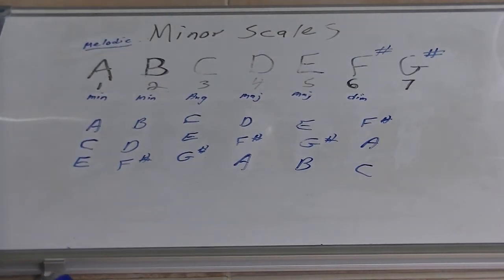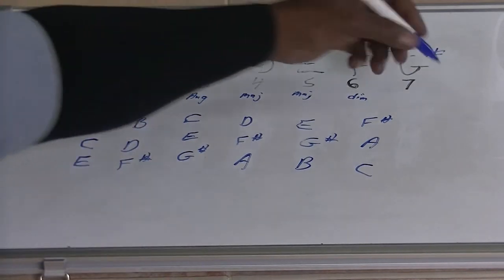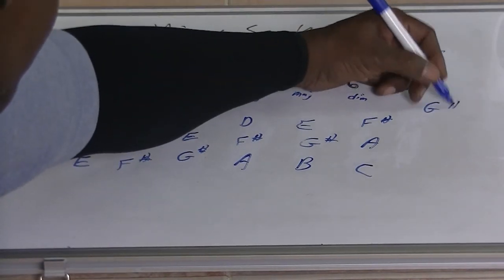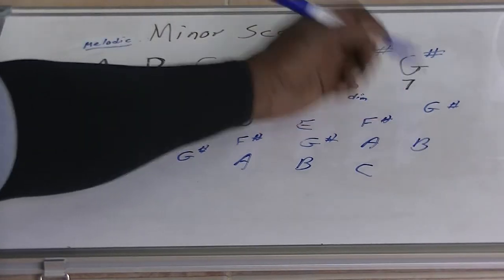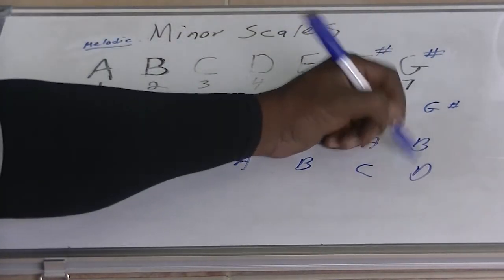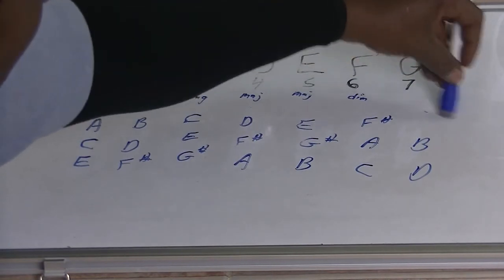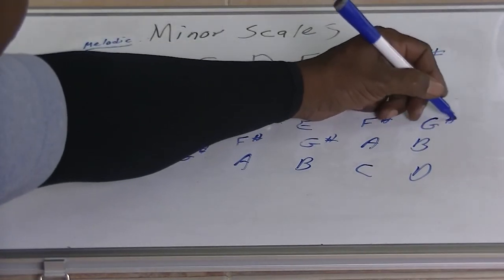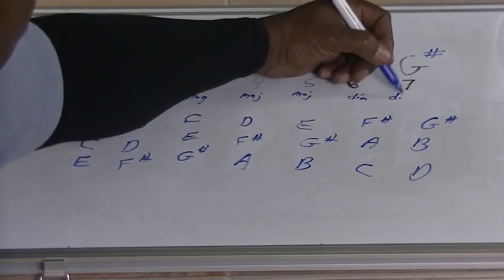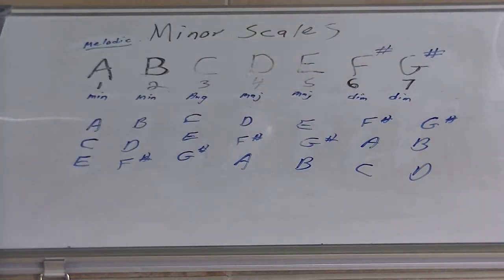And finally, let's take a look at our 7th chord. We have a G sharp note here, and then we have the B note, and finally we have the D note. And now our G sharp triad is also a diminished triad.